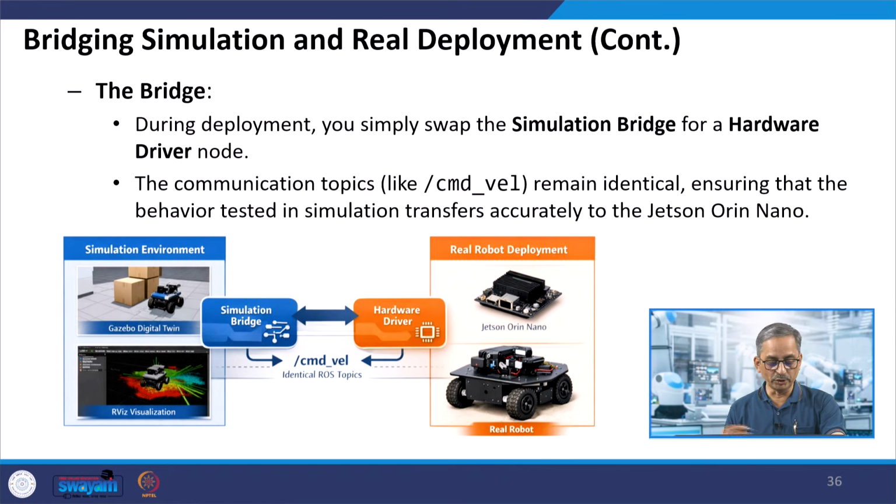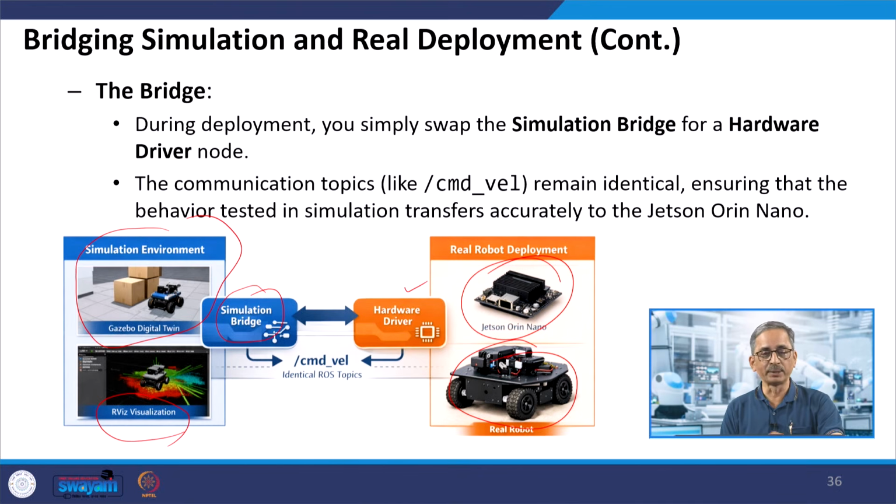So, you have the simulation environment, which is Gazebo, and then you have RViz visualization, and through the simulation bridge we can switch to the hardware driver, which is of course the real robot, say with the Jetson or Nano.